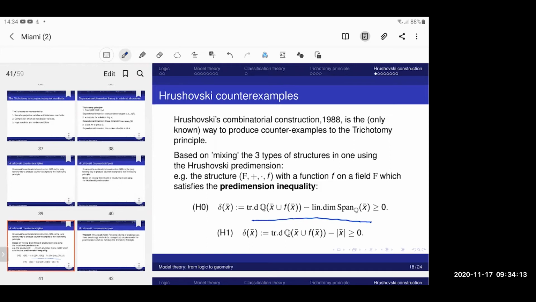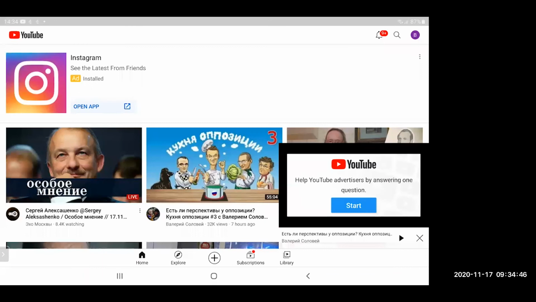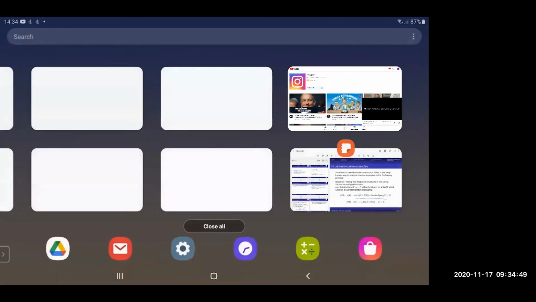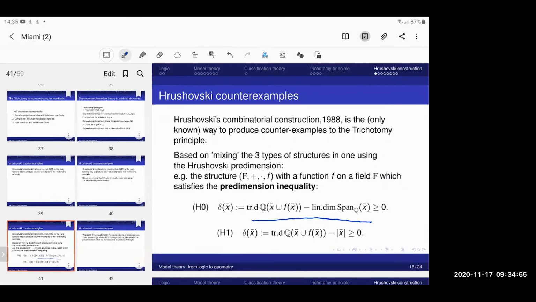You start, well, you have a field F, and you want to put an extra function into your structure over your field.